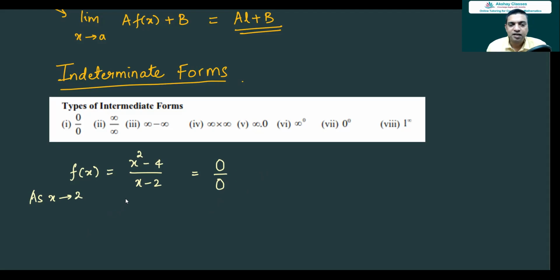But it is 0 upon 0. So whether the function approaches 0 or infinity or a finite value, that is why this form is called an indeterminate form, because we have to evaluate by mathematical logic. Directly we cannot say.